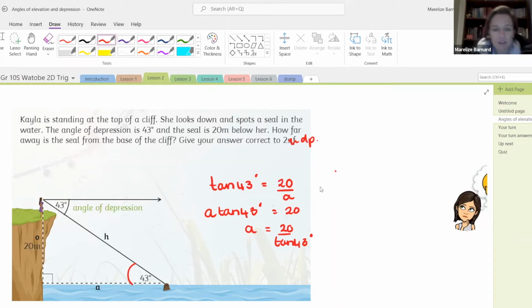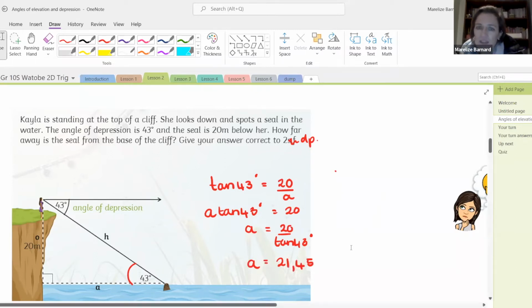And grab your calculator for this, tan 43, and that is going to give me 21,45. Okay, so if you worked it out and you got that, please give me a thumbs up in the chat if that's what you got when you worked it out.